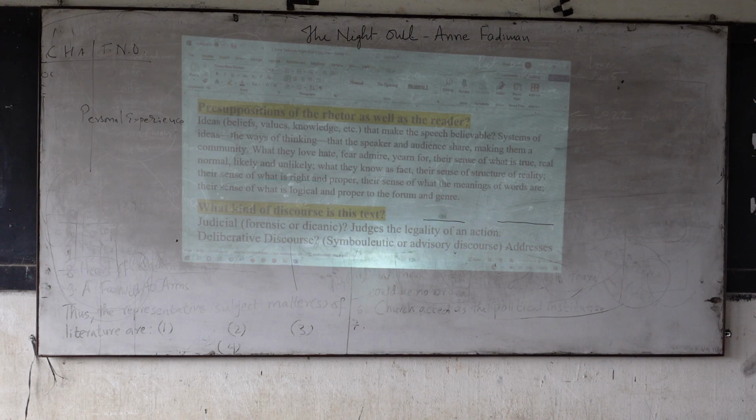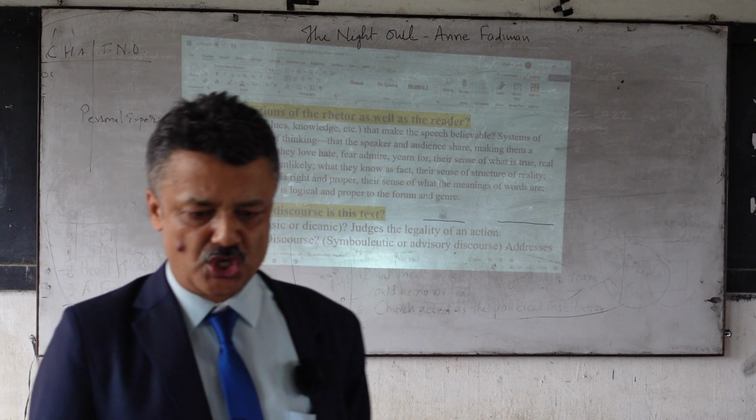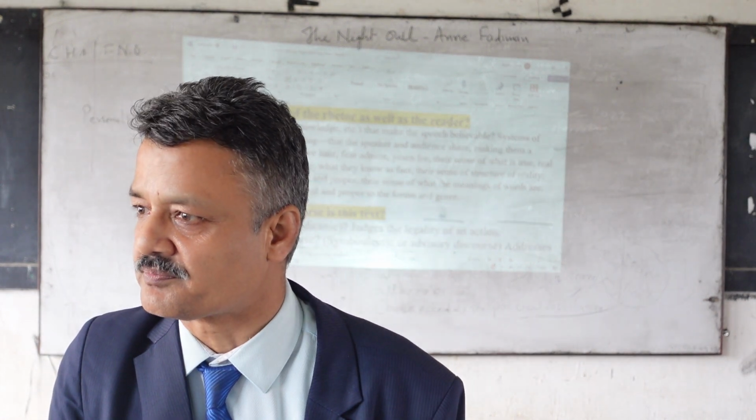Otherwise, why will he be a politician? Everybody has values. Even a thief has values. So I'll clear what is value? Something that you believe in to be true or false. Your life philosophy. So presuppositions are your values.